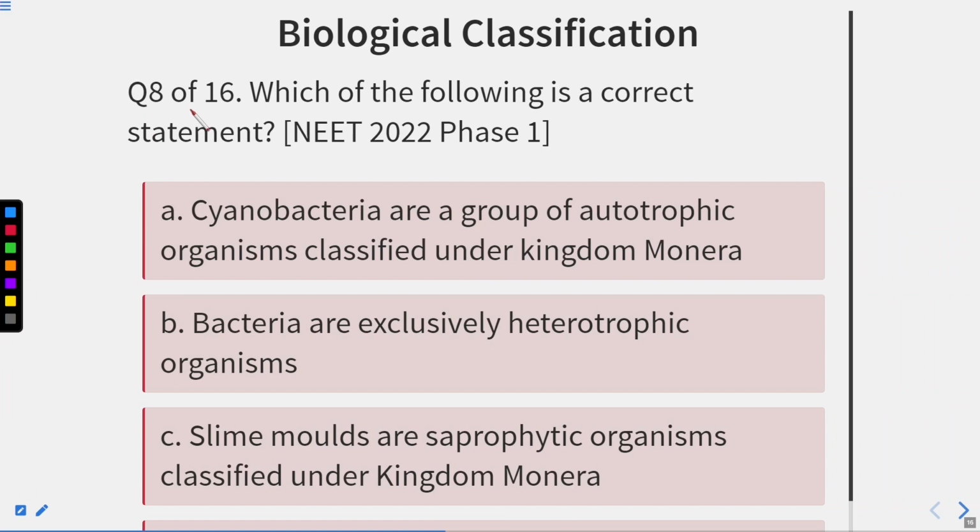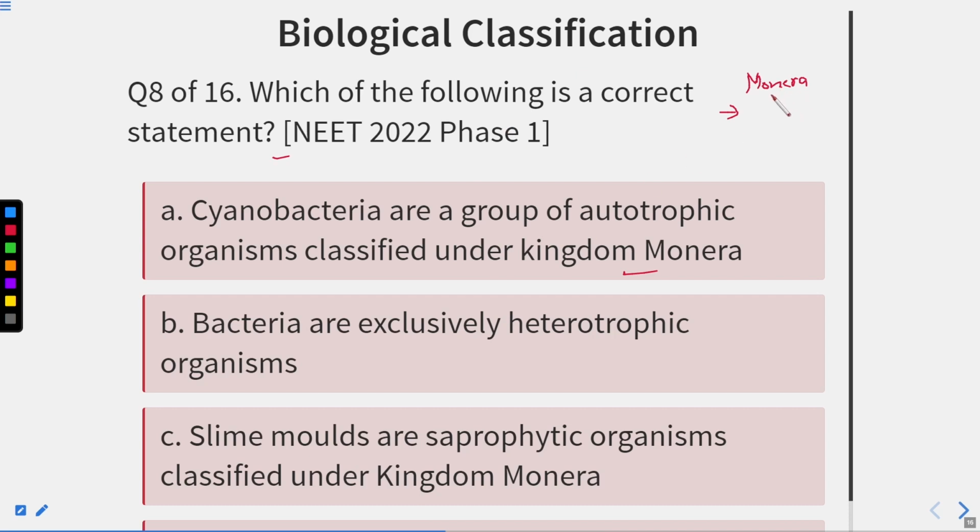Now, coming to the next question, which of the following is the correct statement? First, cyanobacteria are a group of autotrophic organisms classified under kingdom Monera. Monera consists of unicellular prokaryotes.